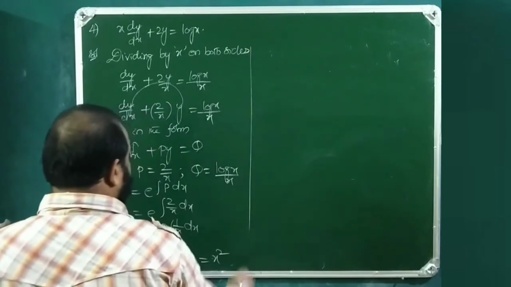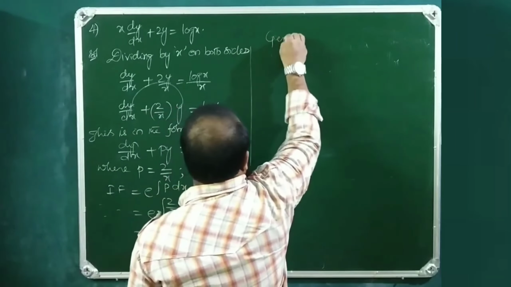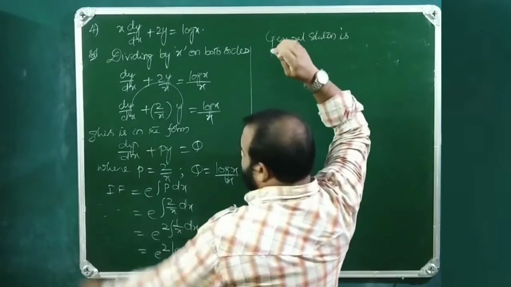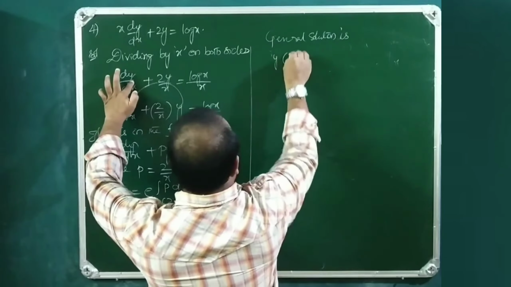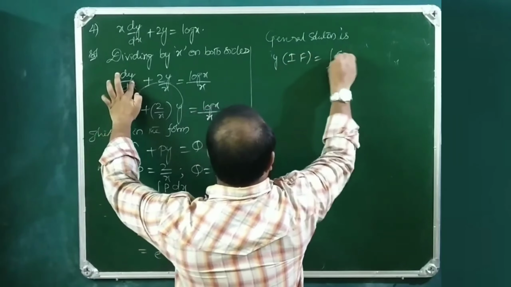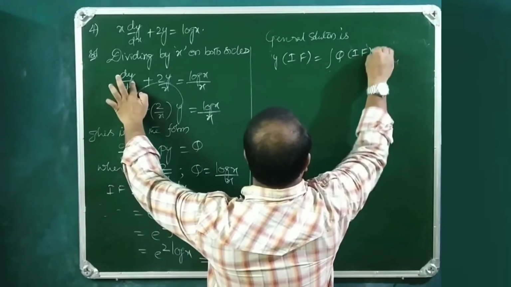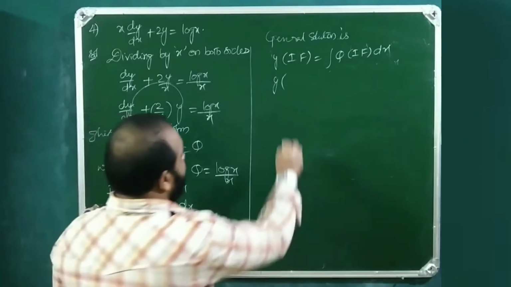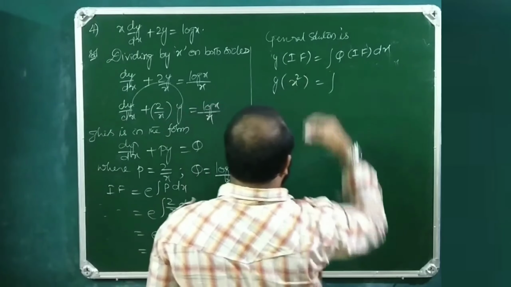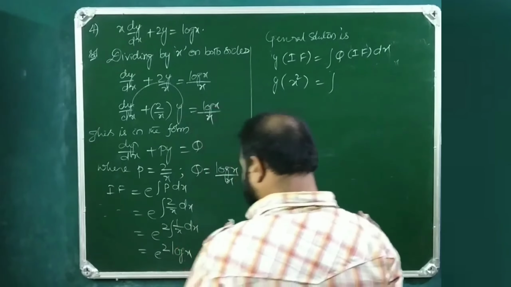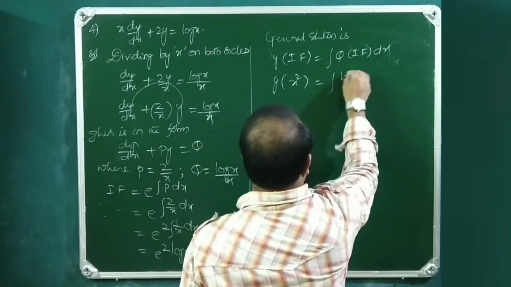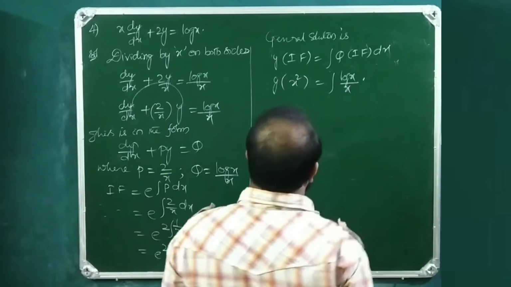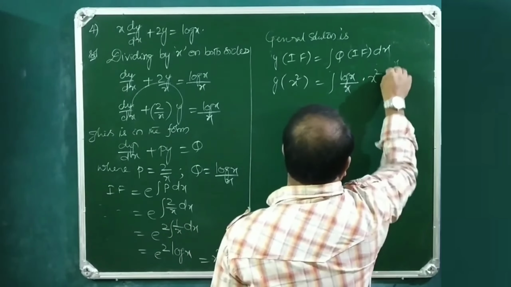So now the general solution is: y into integrating factor is equal to integral of q into integrating factor dx. So y into x square is equal to integral of log x by x into x square dx.